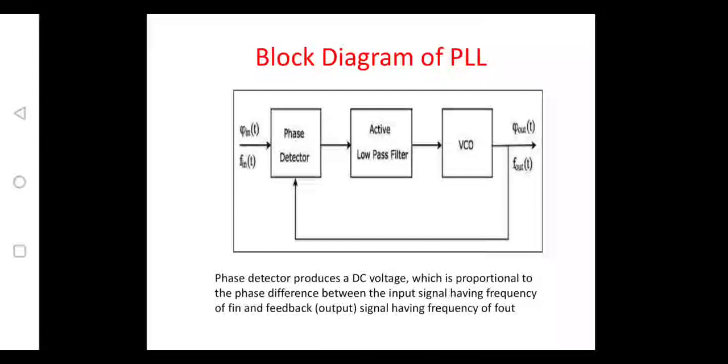In linear IC applications, in this session we are dealing with Unit 4, PLL, the topic of phase locked loop. A phase locked loop is basically used to demodulate a frequency modulation.